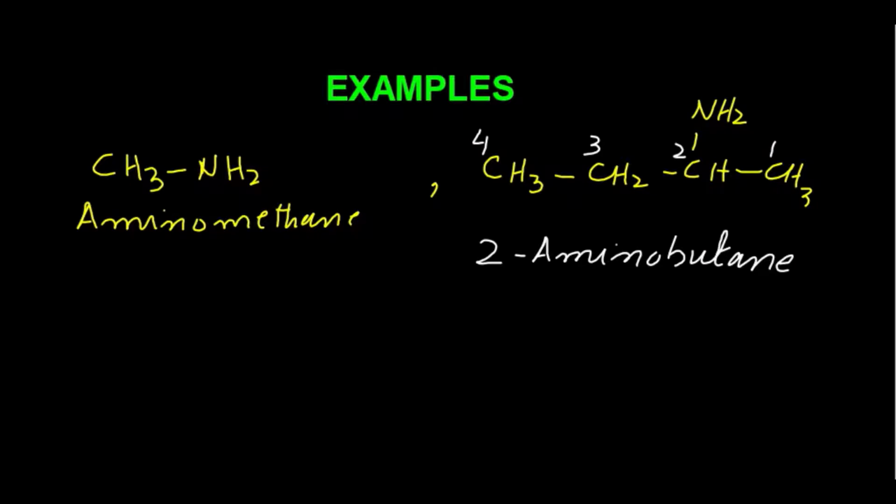Let's see more examples. If we have a molecule like CH3, CH2, NH, CH3. This is the molecule, students, and we are asked to assign an IUPAC name to this molecule. So how can we assign the name? Here we can notice we have 2 alkyl groups attached to this amino group.